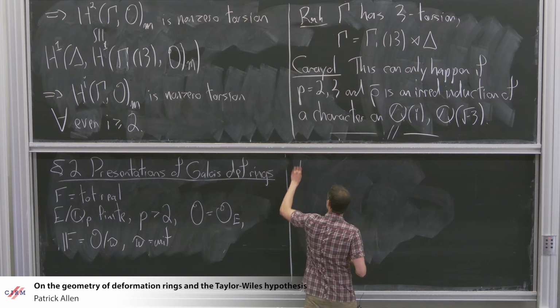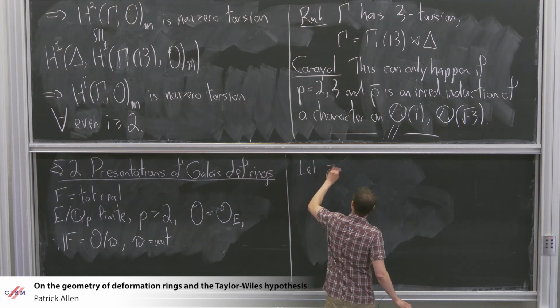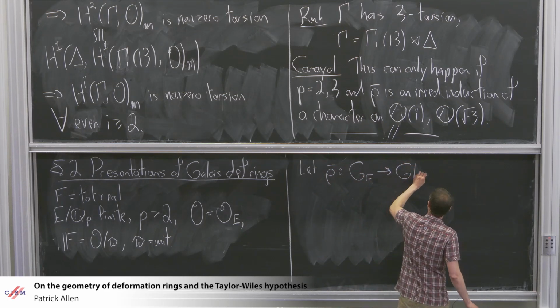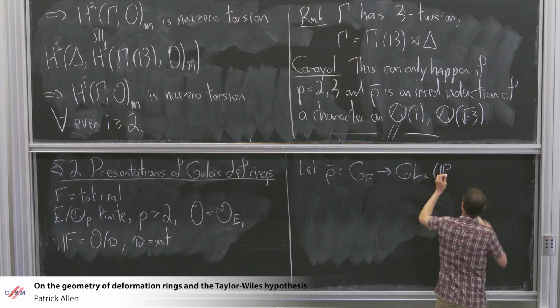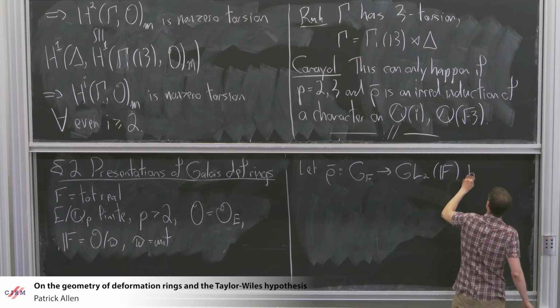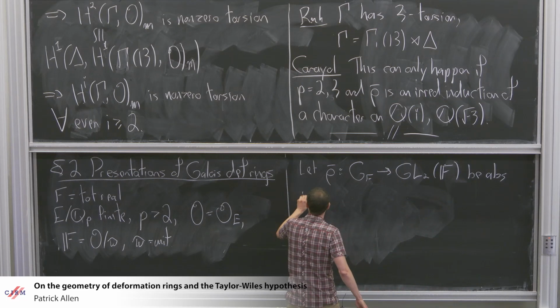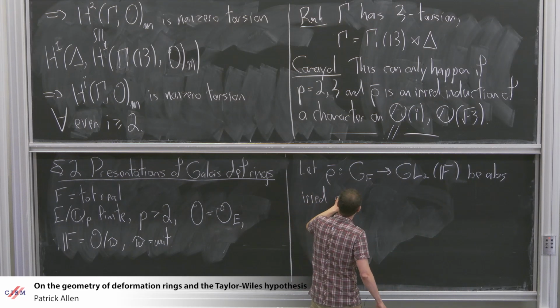So now let's let rho bar: G_F to GL_2(F) be absolutely irreducible and modular.